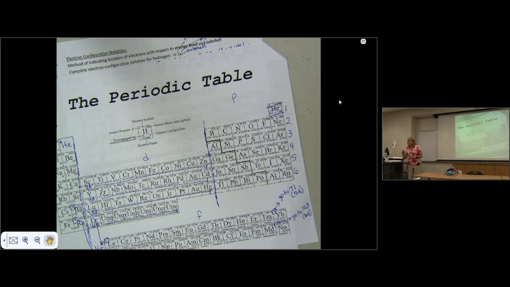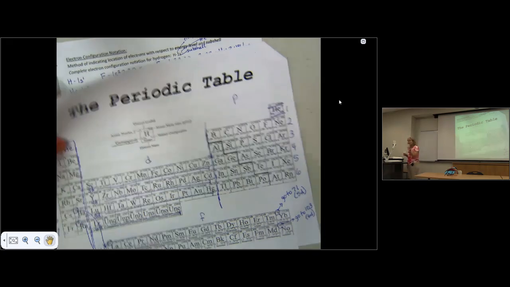So on your back side of your ion sheet, you have the transition metals that can have varying charges. I want to give you some general rules.